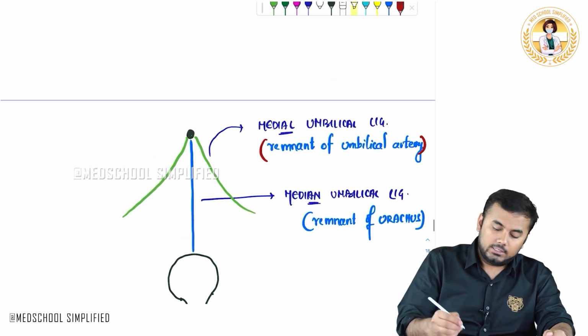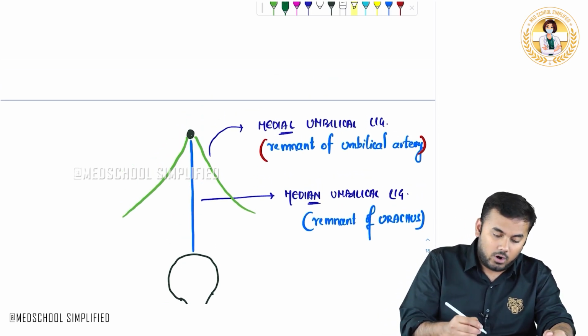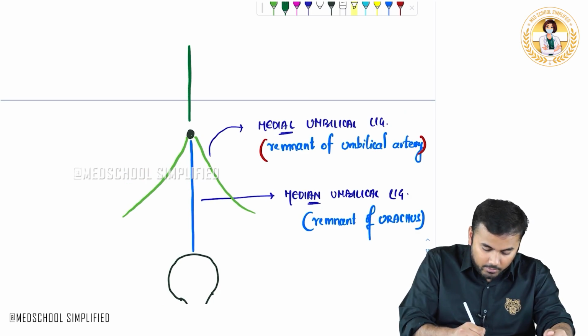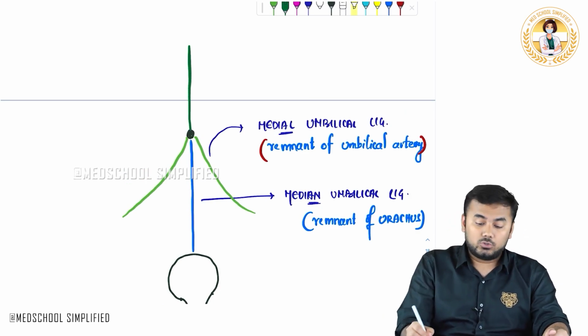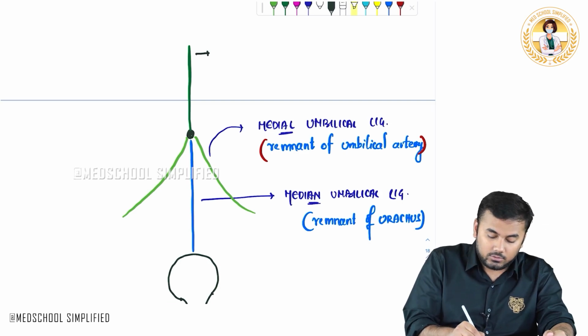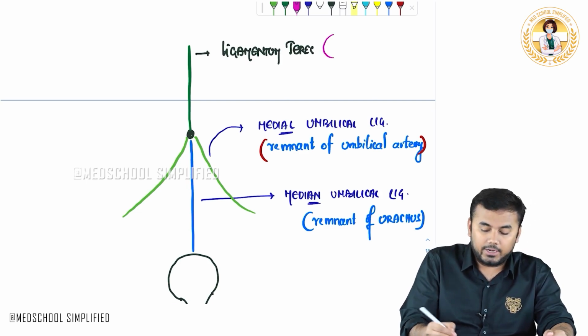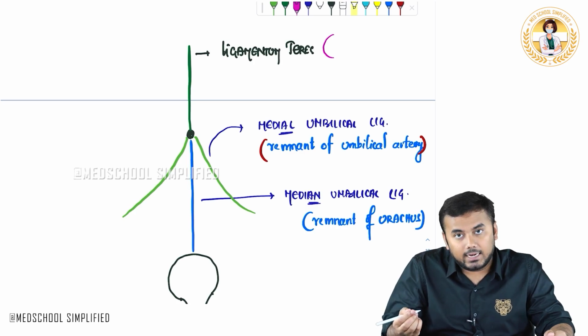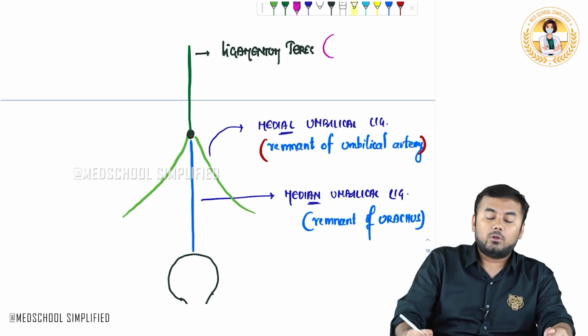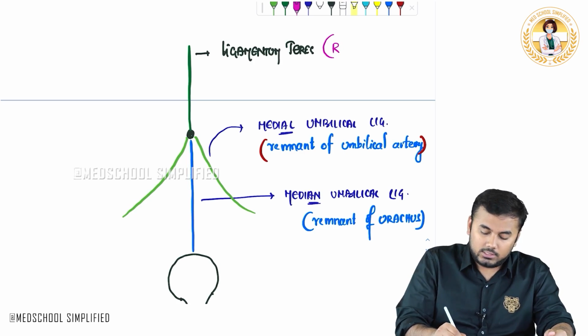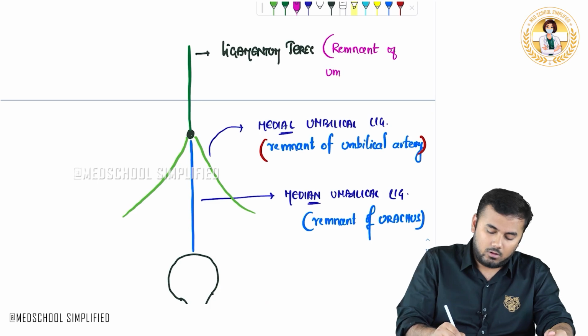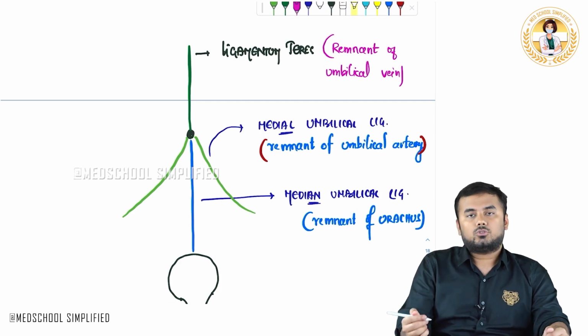Now, just above this, we have another structure that comes all the way above the umbilicus and attaches to the umbilicus. This is called the ligamentum teres. What is the ligamentum teres? The remnant of the umbilical artery is the medial umbilical ligament. Now the remnant of the umbilical vein is called the ligamentum teres.